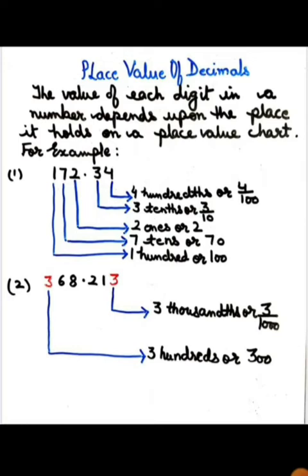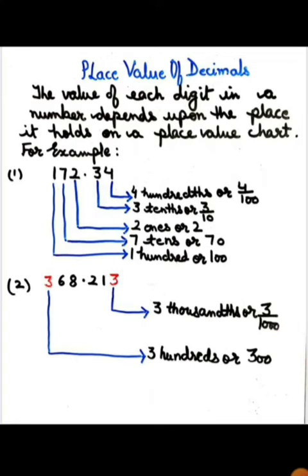So we will write 2 ones, that is equal to 2. You can write 2 ones or you can write 2. And the second digit is 7 and its place value is tens. So we will write 7 tens or 70. And the third digit is 1 and its place value is hundreds. So we will write 1 hundred or 100.